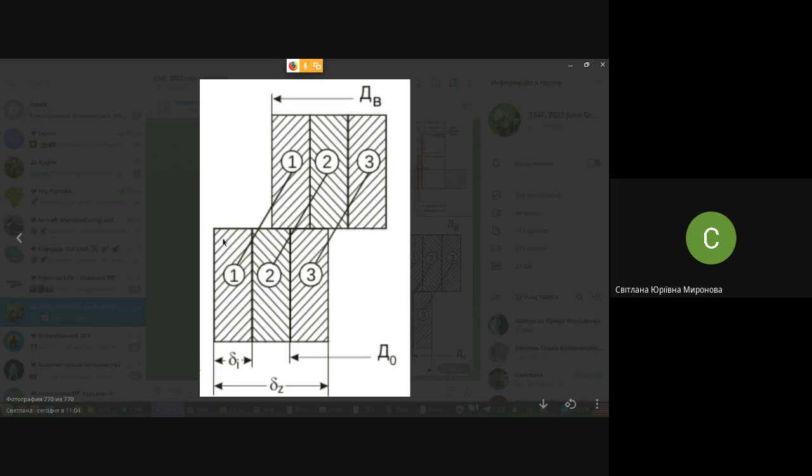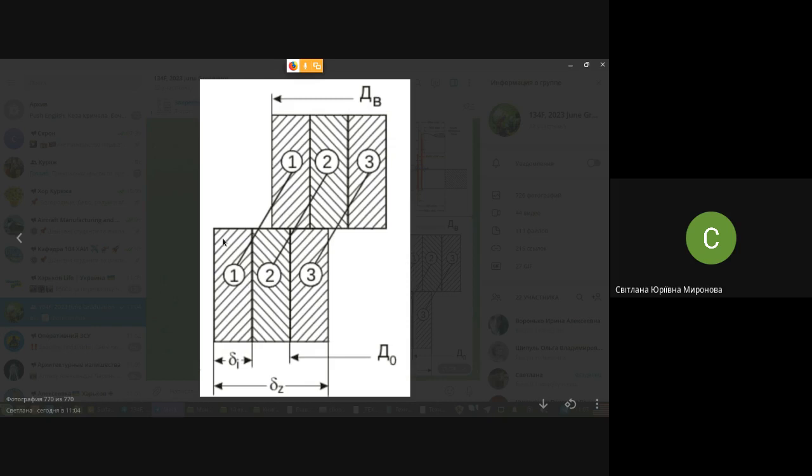What trick is used here? Do pay attention. All the parts are preliminarily divided into 3 groups. The value of tolerance, I hope you are writing, that is why I'm talking so slowly. The field of tolerance, the value of tolerance, is divided into some subgroups, some subranges, in both of the parts.